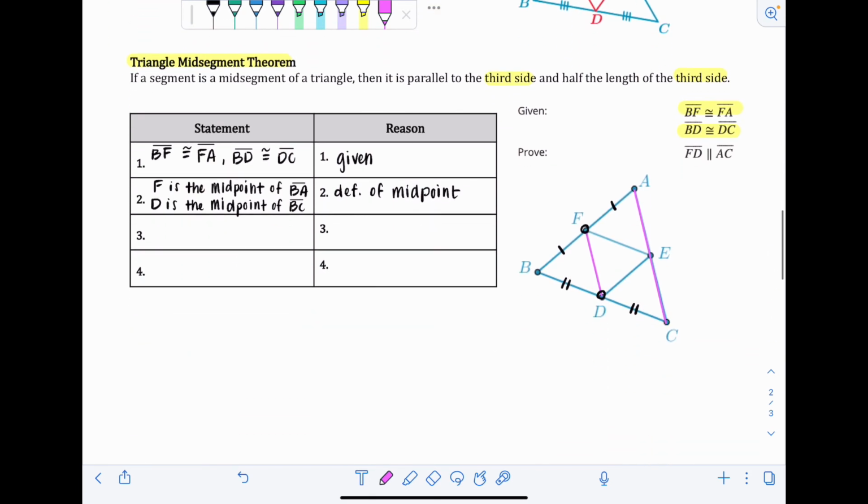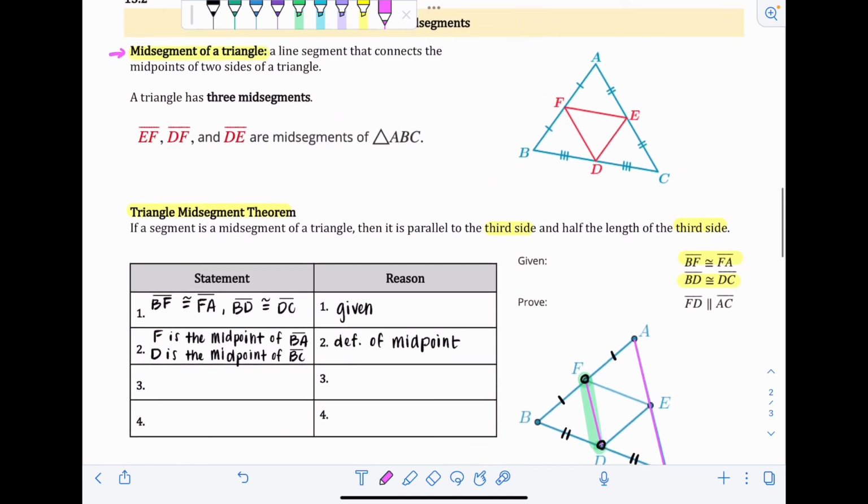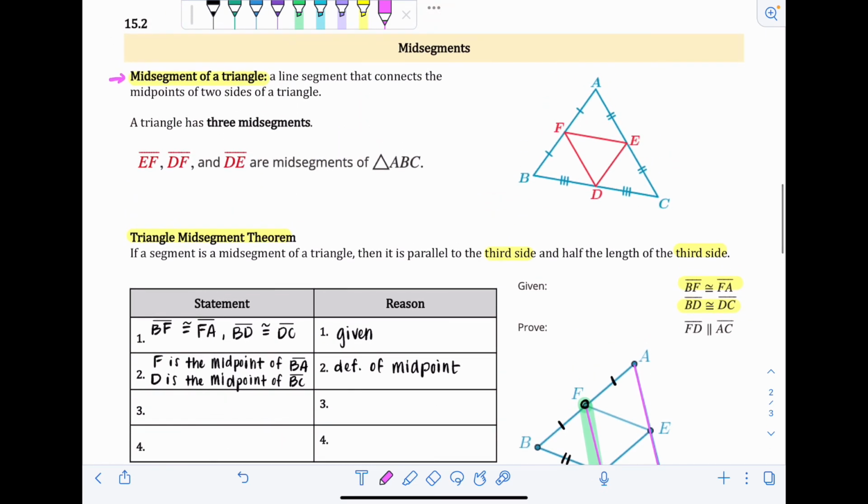So we've stated that F and D are midpoints. Now we can say segment FD is a mid-segment. Before we could do that, we had to state that F and D were midpoints, but now we can say that FD is a mid-segment because it's a line segment that connects the midpoints of two sides of a triangle.